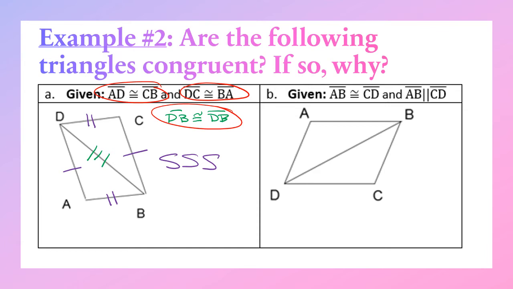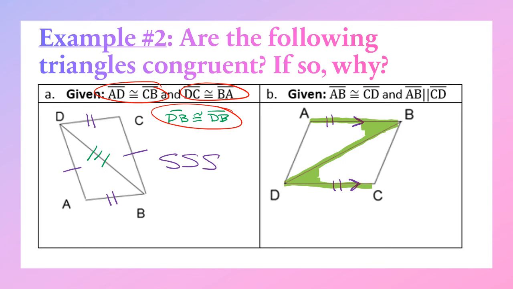All right, so in the next picture, we have that AB is congruent to CD. We also have that AB is parallel to CD. If you think back to the previous slide, we talked about parallel lines and looking for that magic Z. I can look at that magic Z right here, and that tells me that this angle down here and this angle down here, I call them the pits of the Z, are actually congruent.